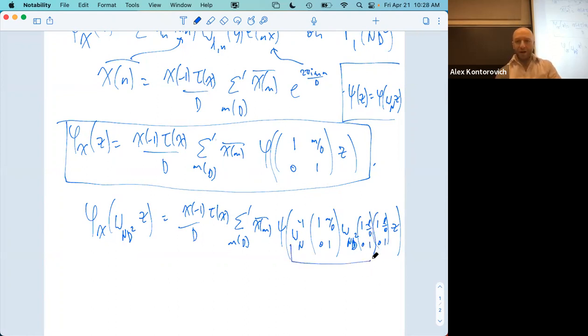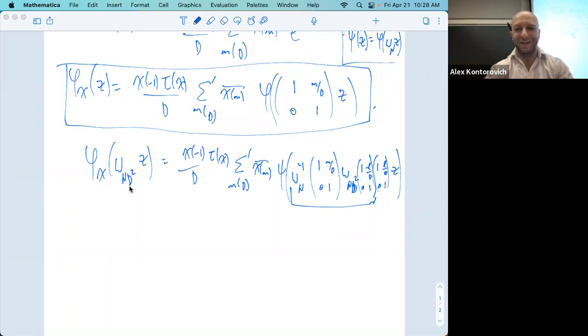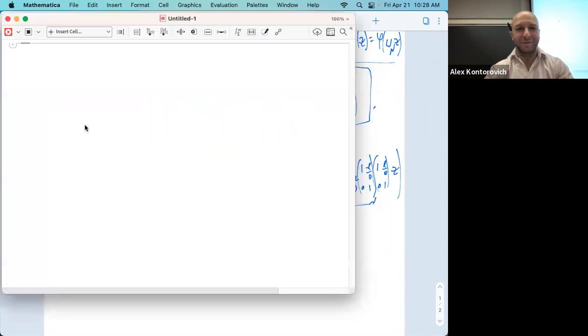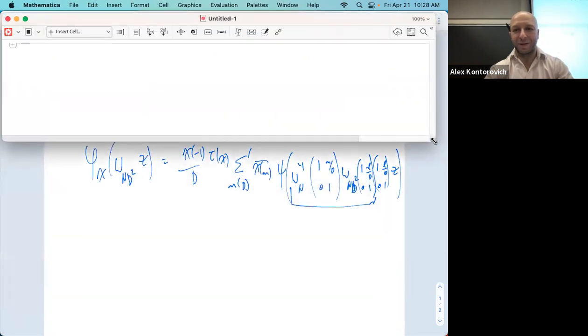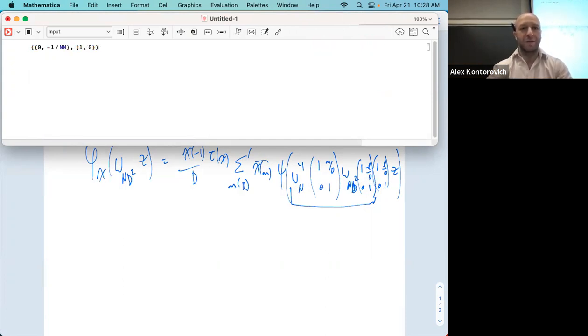And this whole thing, when we multiplied it out, this is the one place where I'm going to cheat and recall the outcome of this calculation. It might actually be faster to redo it than to find it. Okay, so I'm not going to cheat. I'm going to recall what the outcome of this calculation was. It's something very simple. So what's w_n inverse? It's (0, -1 over n; n, 0), that's w_n inverse.